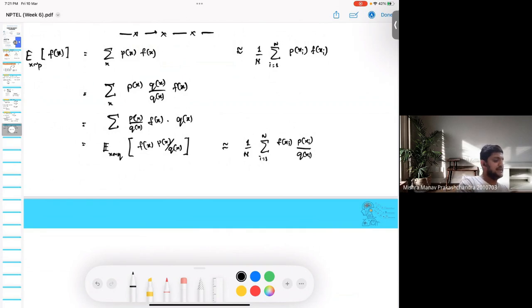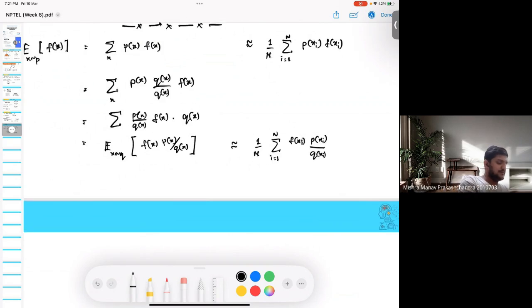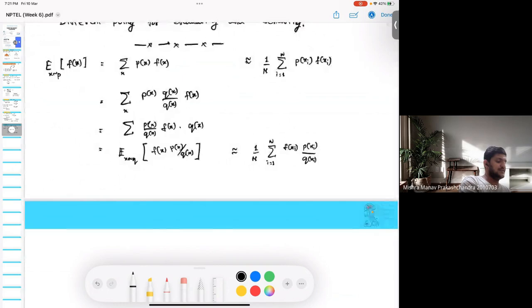So what you do is something known as normalizing. Instead of 1 by n, you keep everything as it is.